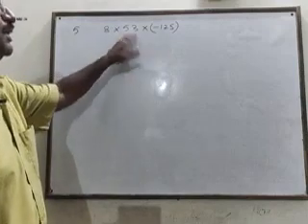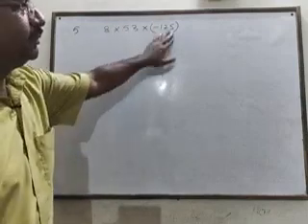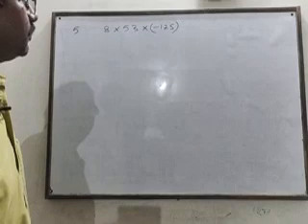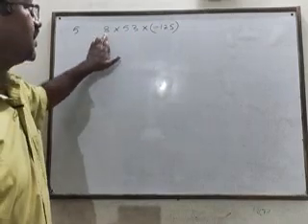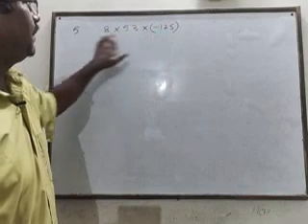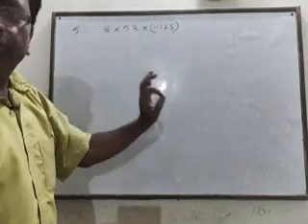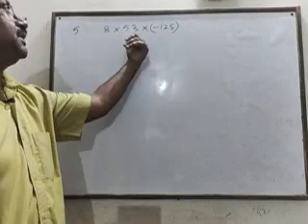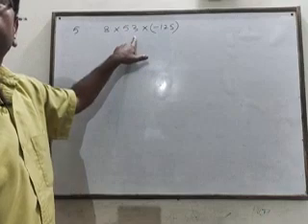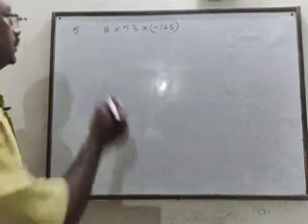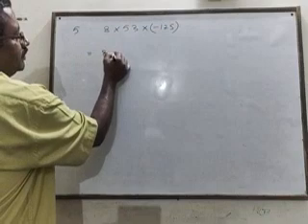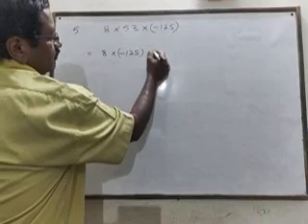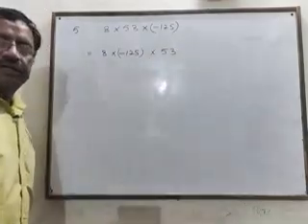8 multiplied by 53, then whatever answer comes will be multiplied by -125. And if we use the associative property, we should multiply these two first, because 8 times 5 is 40, a 0 is coming at the end, so that will be convenient. So 8 multiplied by -125, we will multiply these two first, and multiply by 53 later on.